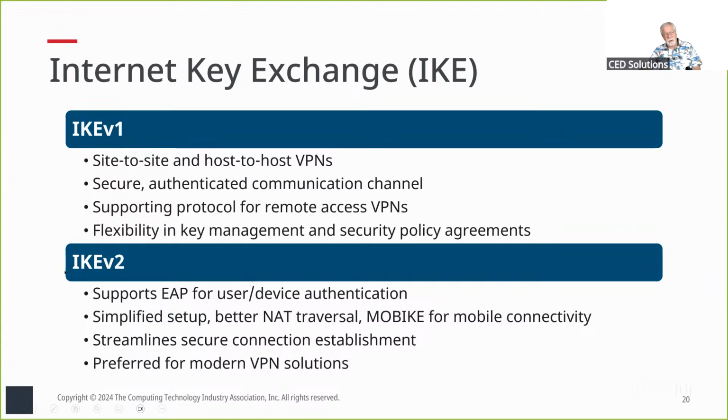Here's what we do on Internet Key Exchange version 2. It uses that Extensible Authentication Protocol, 802.1X connectivity there, and that assures things like the protection of the IP address, the network address translation function that the router or the gateway device typically performs.